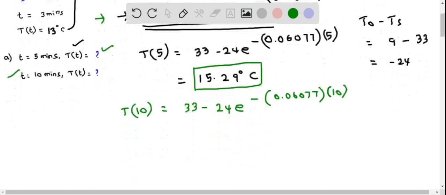So we simplify this expression and plug it into the calculator. And when we do that, we get approximately 19.93 degrees centigrade. So this is the temperature of the thermometer after 10 minutes.